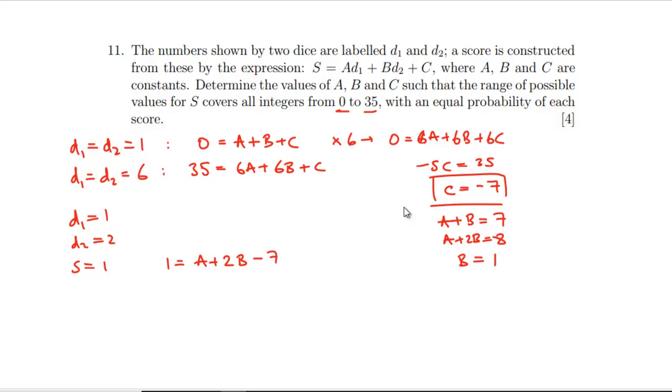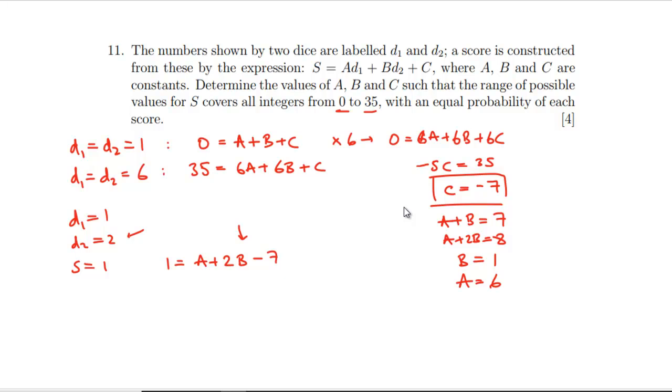Okay, so it's like counting up, isn't it? Every time, if B's going up in ones, then we're counting up one at a time on the D2s, which means that A would be 6. So it's like counting in base 6. That's what we're doing, isn't it? It's ticking through.